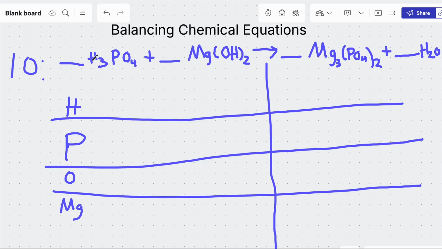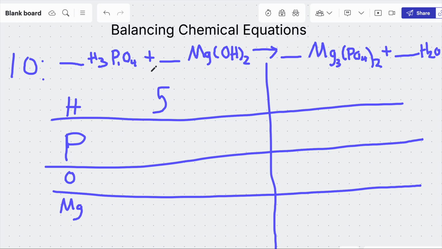So we got 3 H's right here. And over here, we've got an OH with the 2 in front. So this 2 is going to multiply each thing inside here. So we have 1 H there times our 2 gives us 2 H's total right here. So 3 plus 2 gives us 5 H's in total. Now P's on this side, pretty straightforward. We got PO4.